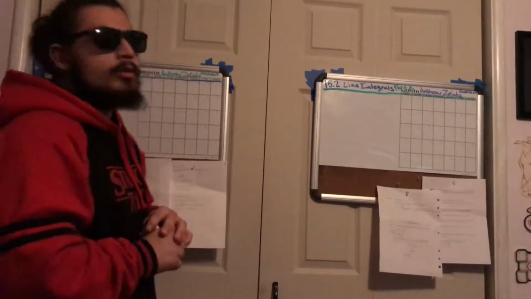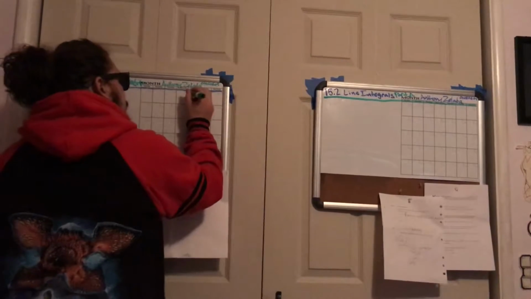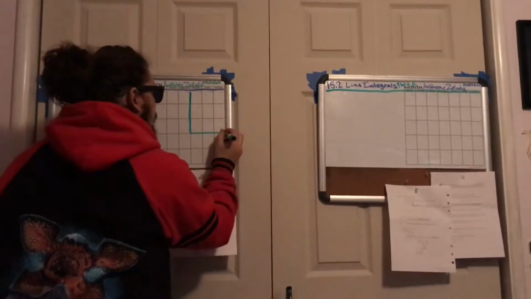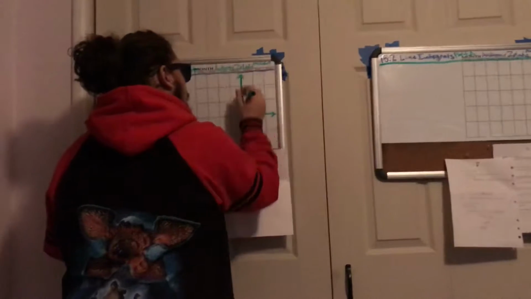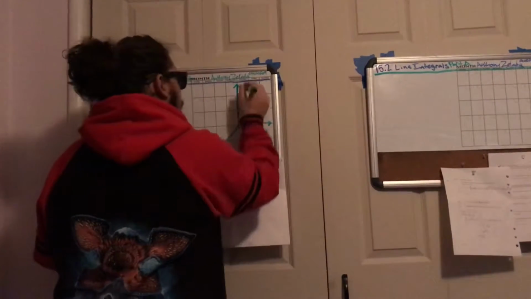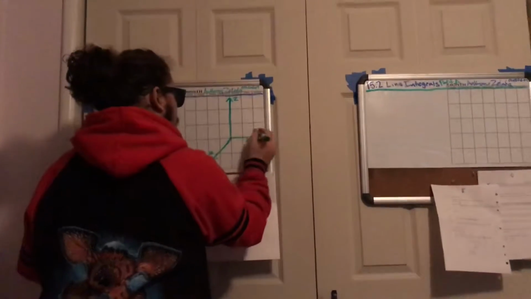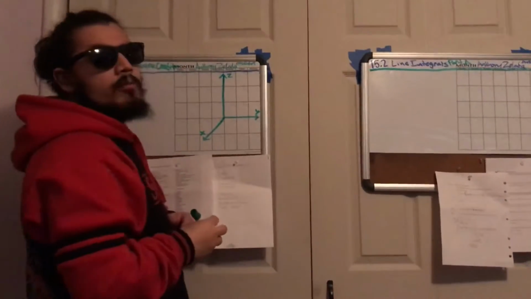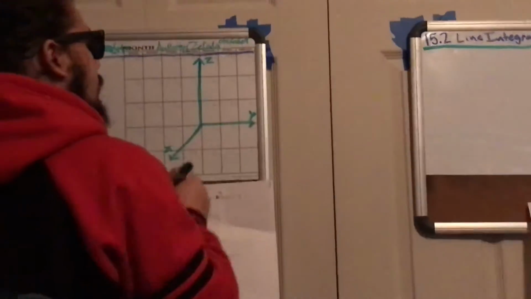So first we start with a three-dimensional space. And then we start making points and we get our wire.